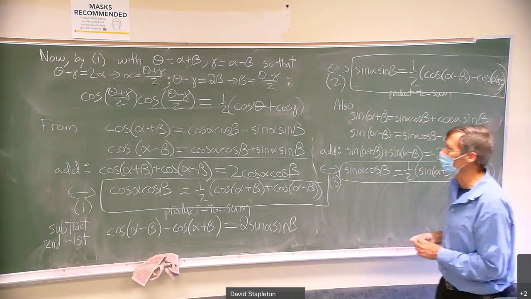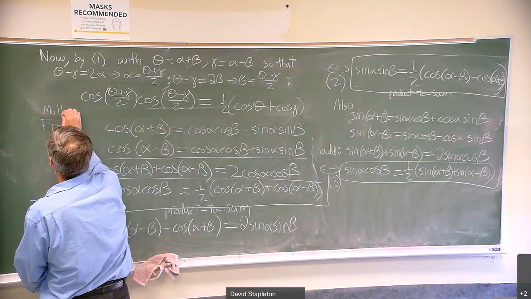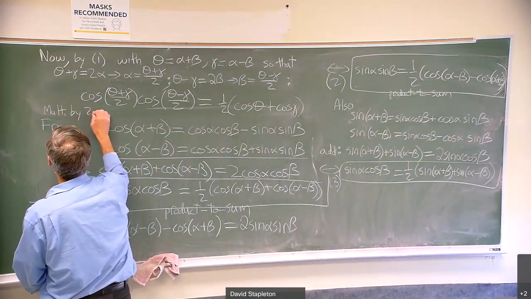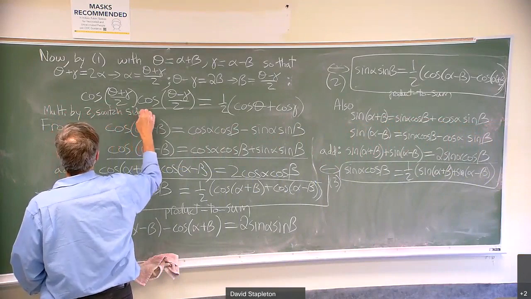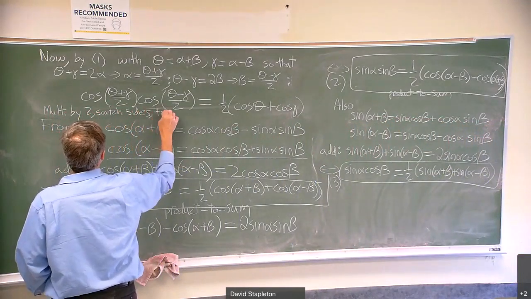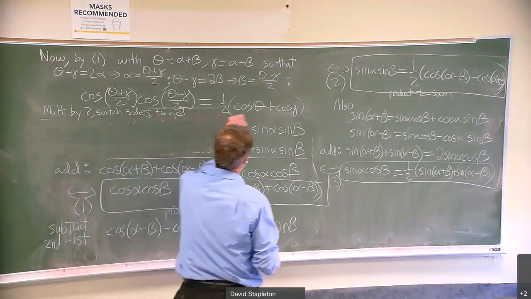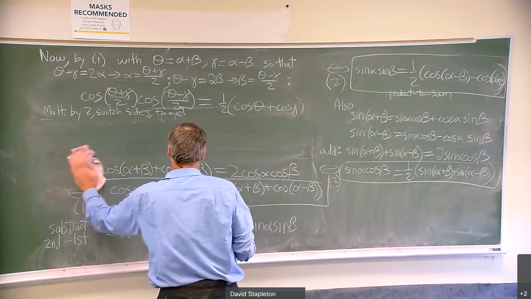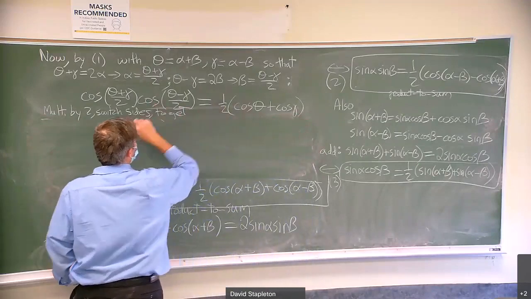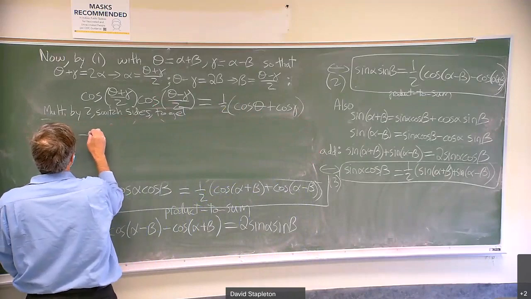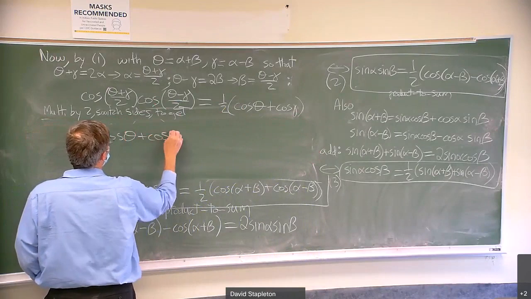Now multiply by 2 and switch sides. You get, what do we get? This 1 times 2 over here gives us cosine theta plus cosine gamma.